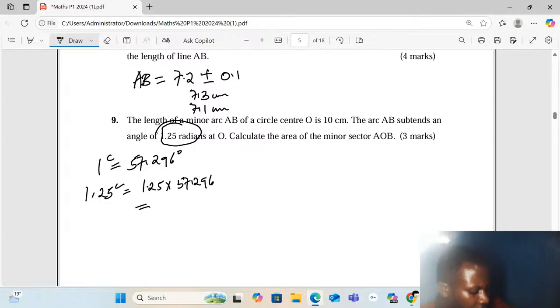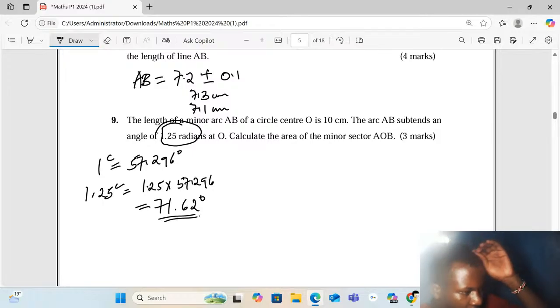So when we change this, the angle will be 71.62 degrees. This is the angle that is subtended by the arc AB, 71.62 degrees.